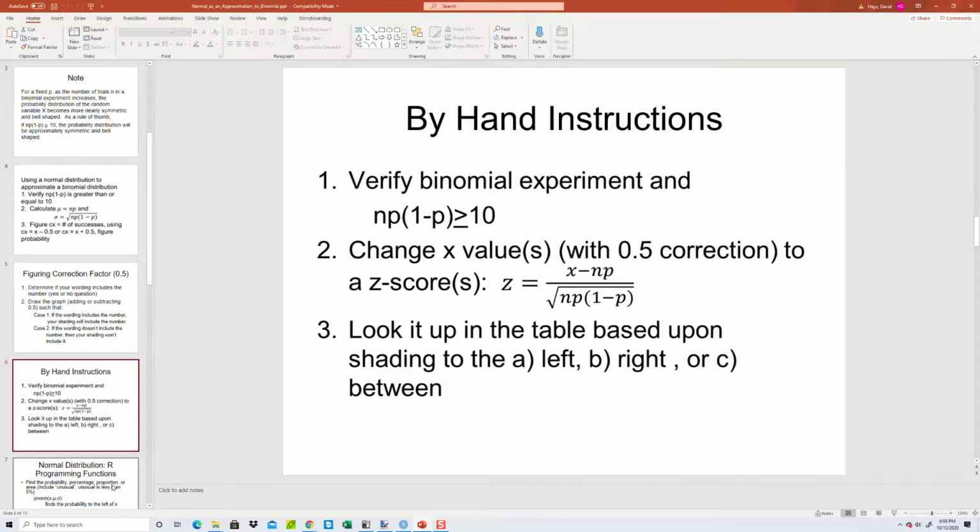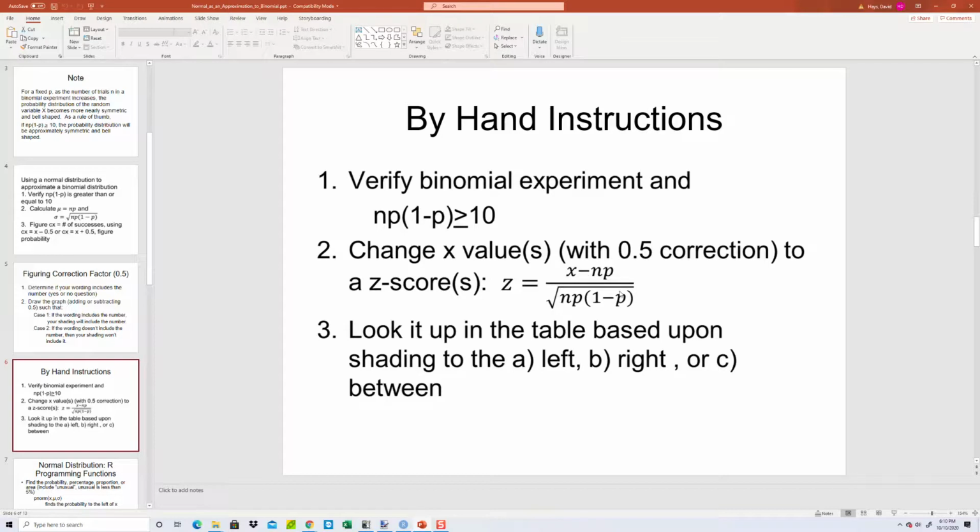If you love doing things by hand, I'm not going to show it by hand, but this would be the idea. First, you verify the binomial experiment and check that n times p times 1 minus p is greater than or equal to 10. Then change your x value or values with the 0.5 correction to z-scores using this formula: x minus n times p over the square root of n times p times 1 minus p. n times p is our mean, so that's like x minus mu.